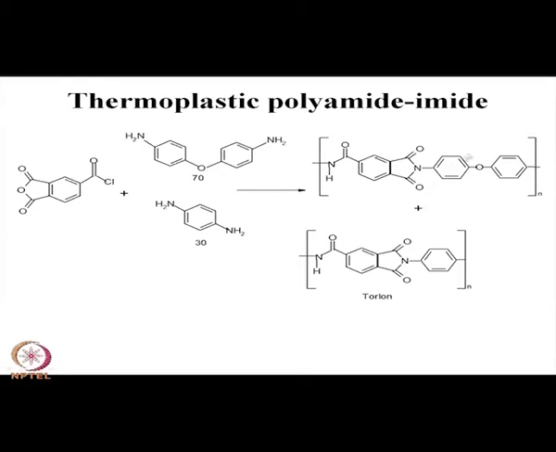So, this polyimide characteristic is developed in this polymer by reacting suitable monomers or reagents to form this polyamide-imide linkage. This is the imide linkage, this is the amide linkage. So, in a polymer backbone, if these two imide and amide linkages are there, that is known as polyamide-imide. The trade name of this polymer is Torlon.